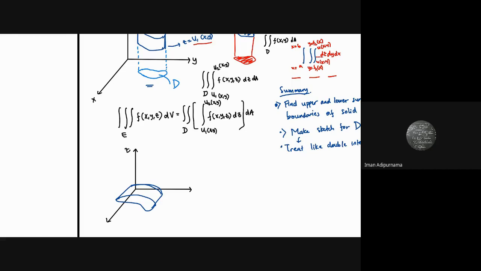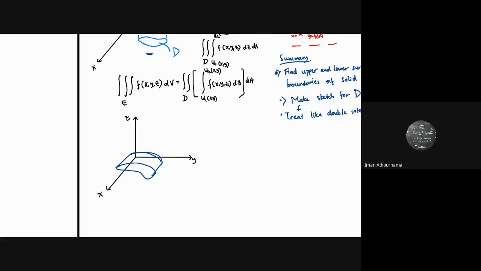This is the yz. So you will have, let's say, v(y,z), v2, v1, right?